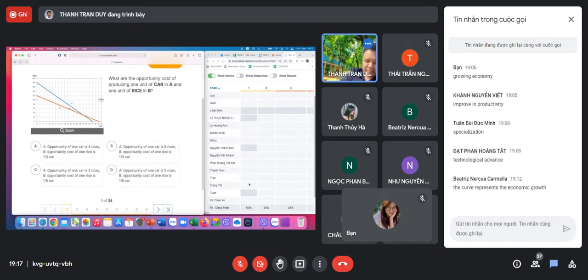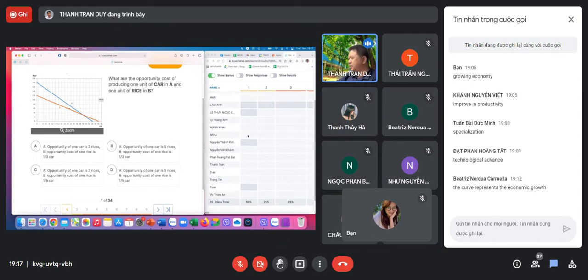If we face a situation like this, how can we approach the solution? If I ask you to find the opportunity cost, in this case, how can I do it?